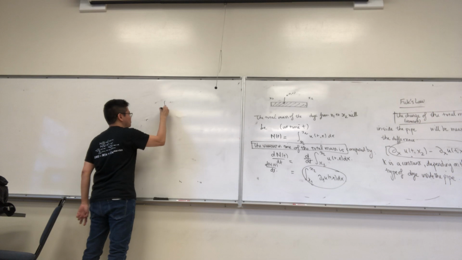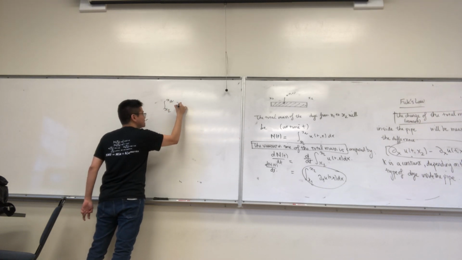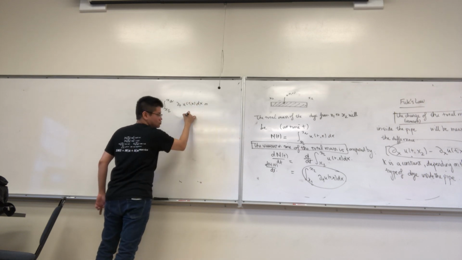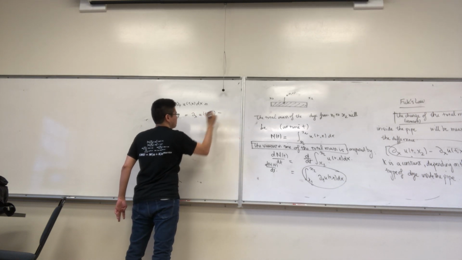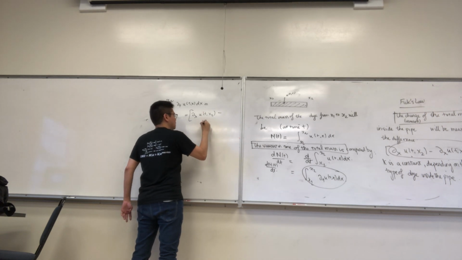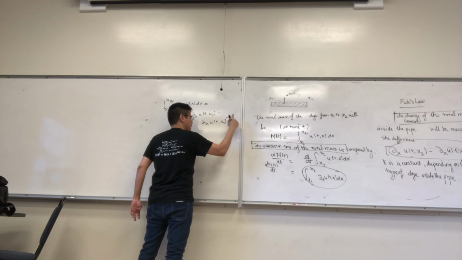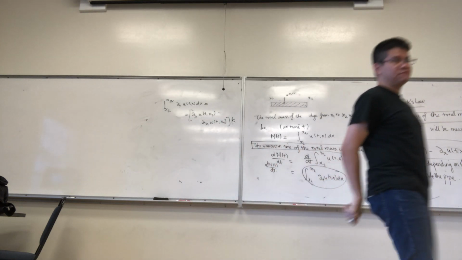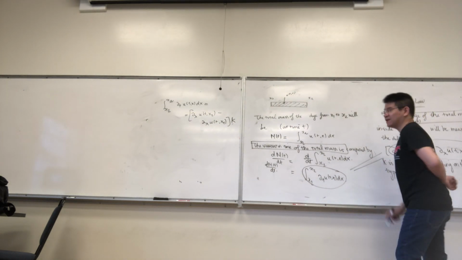So the integral from x1 to x2 of d_t u(t,x) dx is equal to d_x u(t,x2) minus d_x u(t,x1). Then I multiply that with a constant k, which depends on the type of thing that you have. So this guy has to be equal to this guy. Now I have the heat equation.